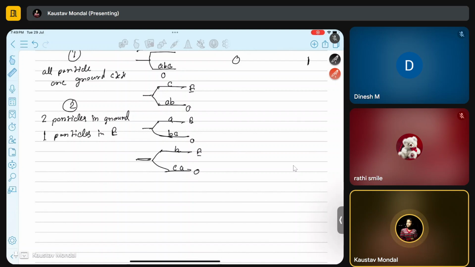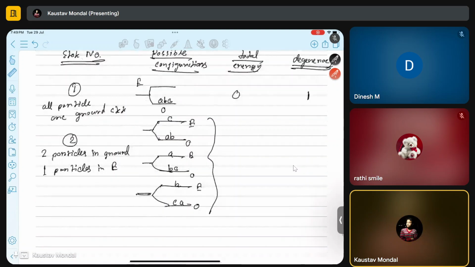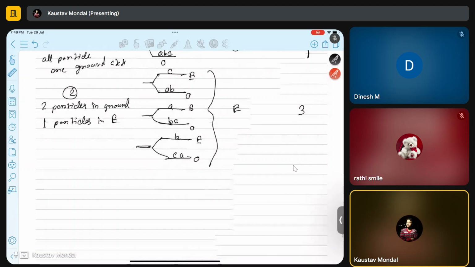These are the three combinations. For all three cases the total energy is E and the degeneracy is 3, because there are three configurations.